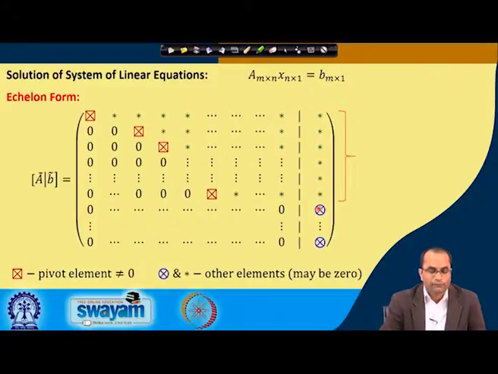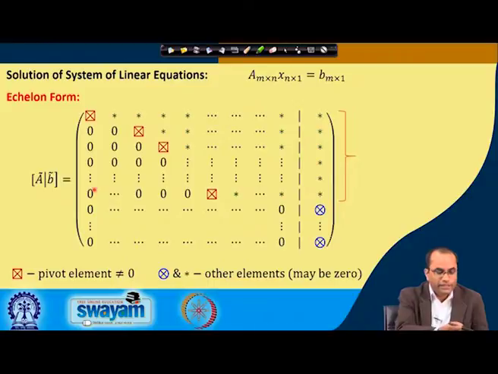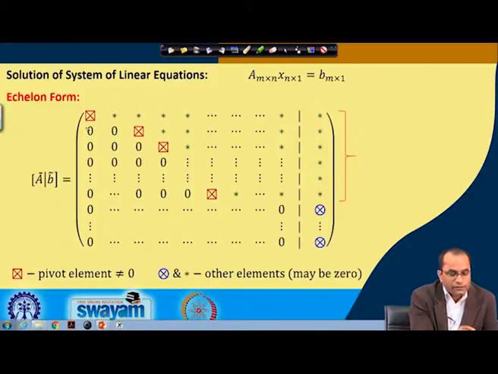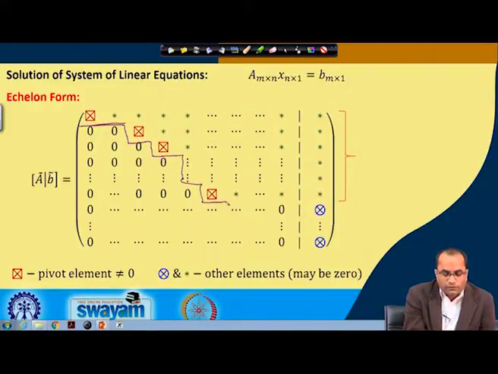What is important is to bring the matrix into this step-like structure, with zeros at the bottom of this stair-like structure.